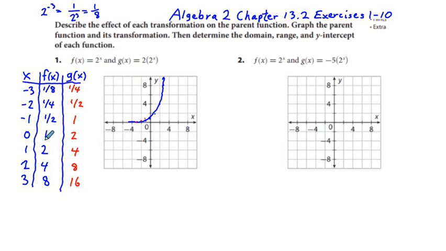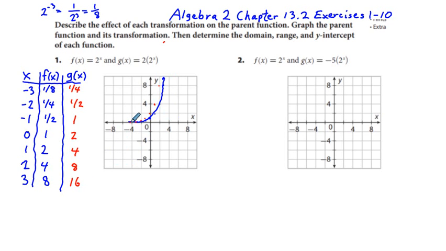Input value of 0, we have an output value of 2. Input value of 1, we have an output value of 4. For an input value of 2, we have an output value of 8, so 2, 8 goes right here. And finally 3, 16, which is going to be way off the coordinate grid that we have.